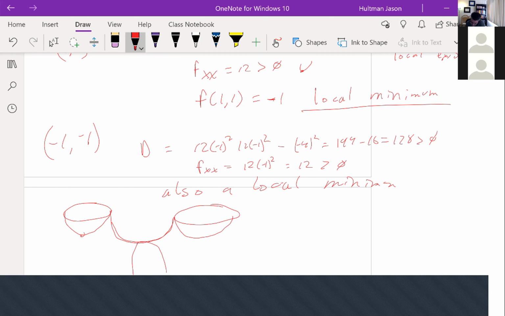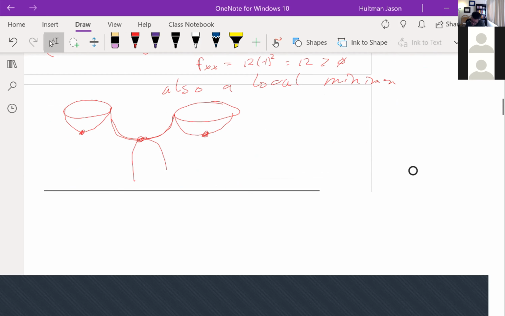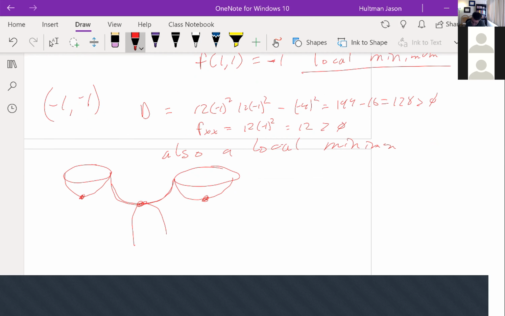Does that make sense? So you have these minimums here, and then you have a saddle. This would be at 1, 1, negative 1, and this would be at negative 1, negative 1, negative 1. Something like that. Because f of negative 1, negative 1 is also negative 1, which is also a local minimum.